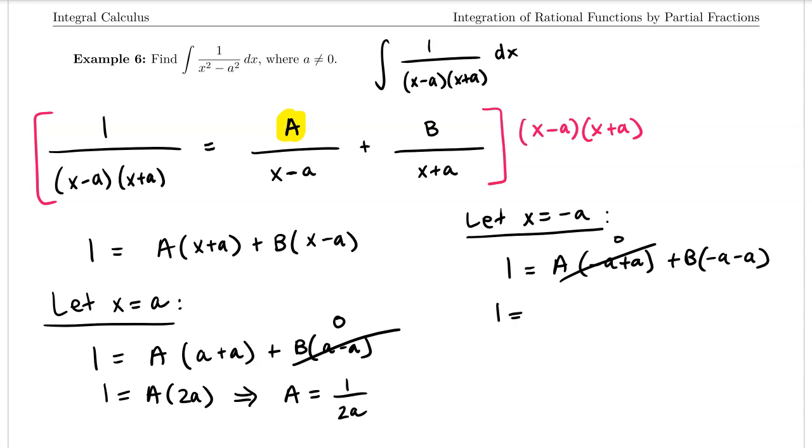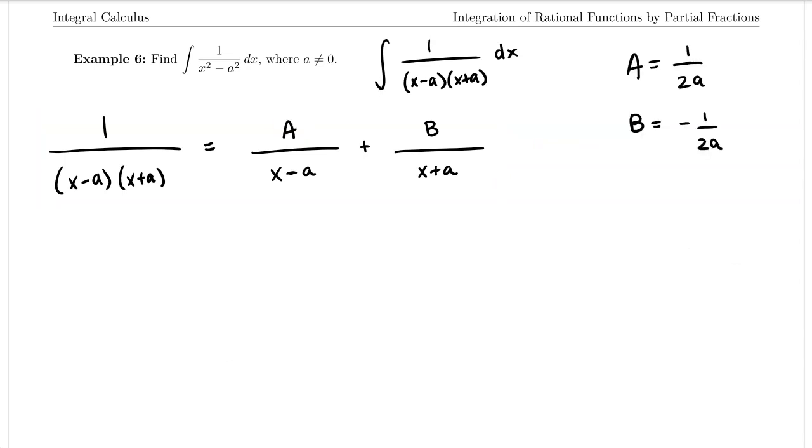So now we get 1 equals B times negative 2 times lowercase a. If I solve this for B, I get B equals negative 1 over 2a. Okay, so we found capital A and capital B. I'm going to replace those. So I have 1 over 2a, and then minus 1 over 2a, like that.